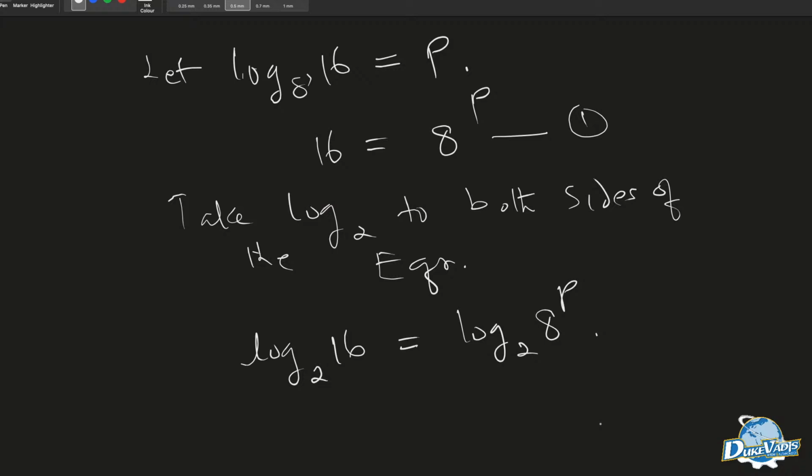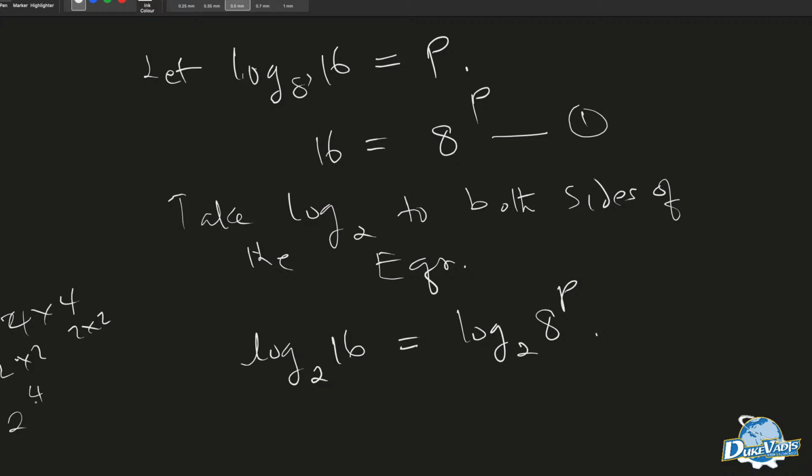We know for sure that 4 times 4 gives us 16, so 2 times 2, 2 times 2, so 2 raised to the power 4 gives us 16.